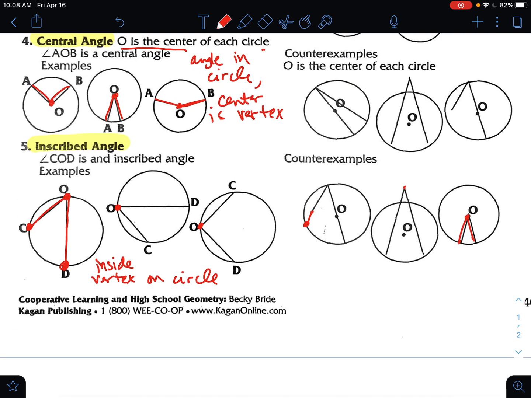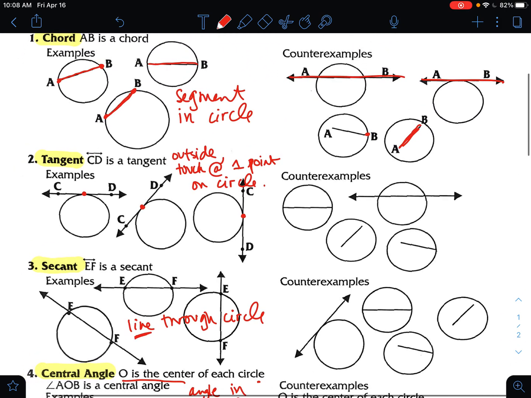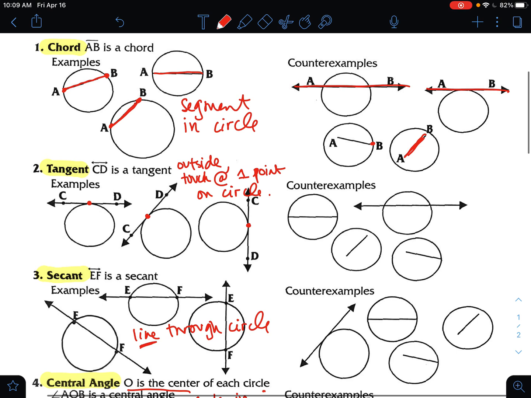Now we are going to work on these angles more in a few sections. What I want you to do now is focus on secant, chord, and tangent. Of course, we're also going to bring in what you already know about diameter and radius. I have a quick item in Schoology called Circles Vocabulary, where you are clicking on segments or the items on the picture that represent what is being asked.